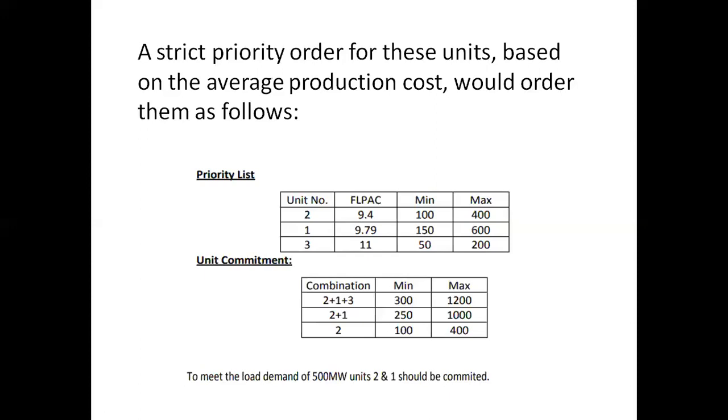But it is not possible depending upon the priority list method, because the value of the full load average production cost is more for unit 3. So we can't run unit 3. We have to run unit 2, because it has the minimum value of full load average production cost.